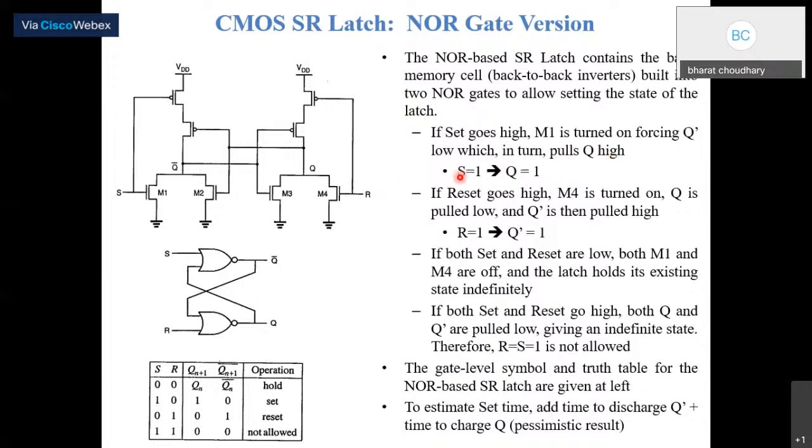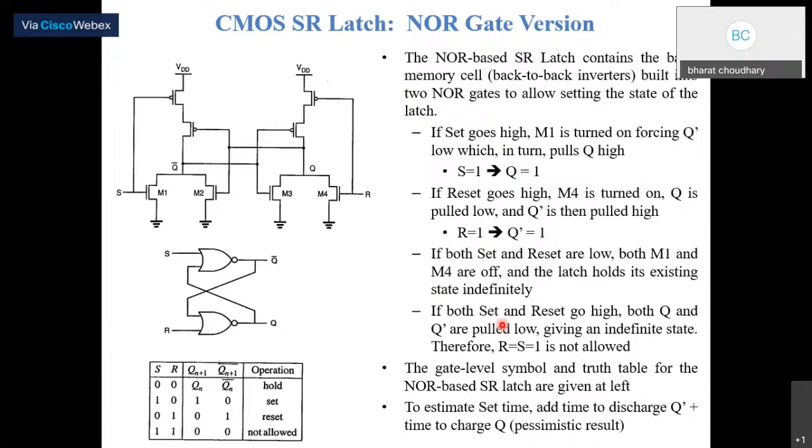So when set is 1, we get the output as 1. If reset goes high, M4 is turned on and Q is pulled low, and Q complement is pulled high. If both set and reset are low, both M1 and M4 are off, and the latch holds the existing state indefinitely.